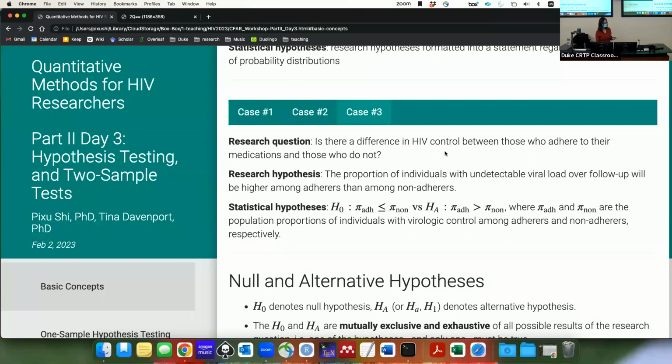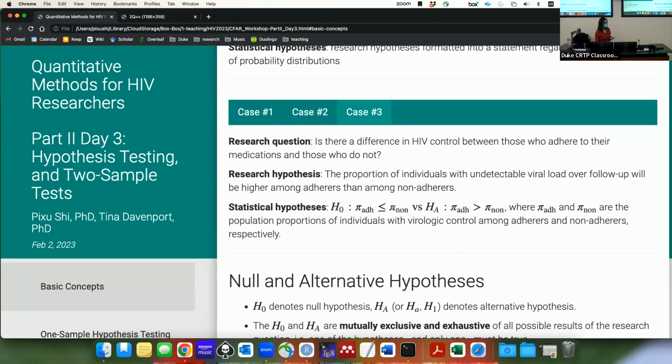So you would have a proportion of people who get infected, who get the viral load detected, and that proportion is your parameter of interest. You want to know if this proportion is different between two groups of people, and in that case, you will have null and alternative hypothesis in terms of the proportion parameter.